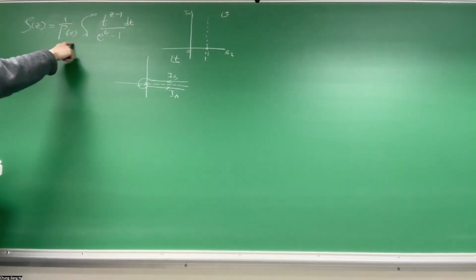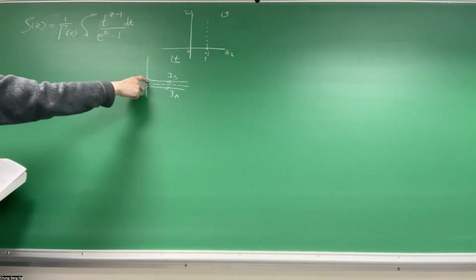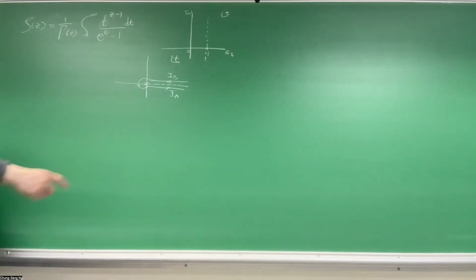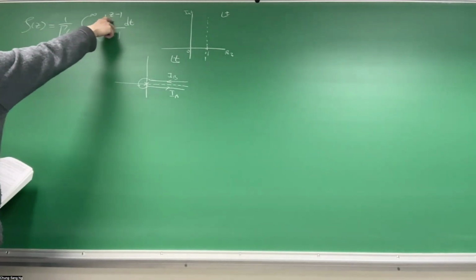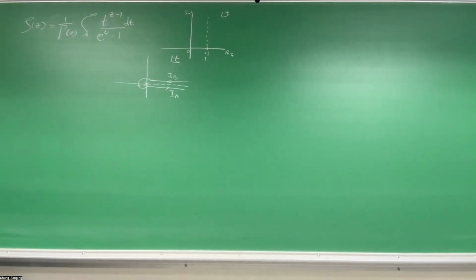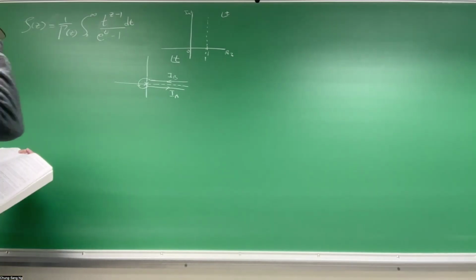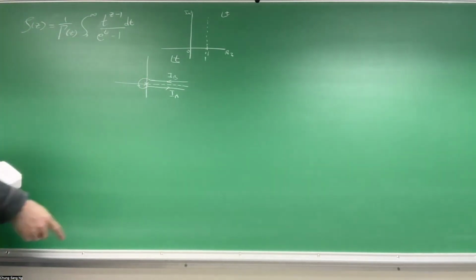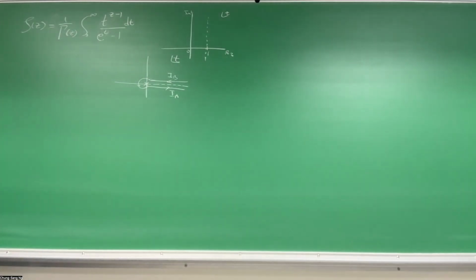And then the contribution around this little circle is 0 if z is greater than 1. But later on, we'll deform the contour to make the analytic continuation.